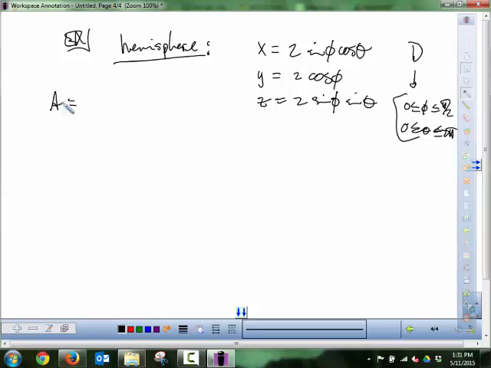It's 4 pi r squared. The 4/3 is the volume. And for a hemisphere it's 2 pi r squared, and r is equal to 2 in this case. So our answer should be 8 pi.